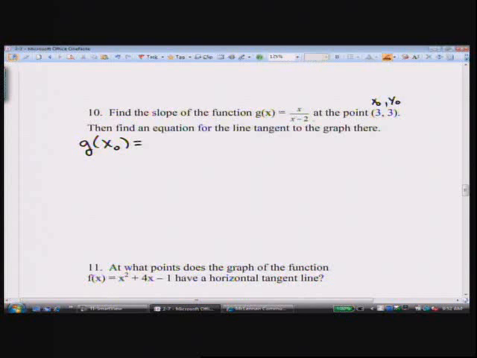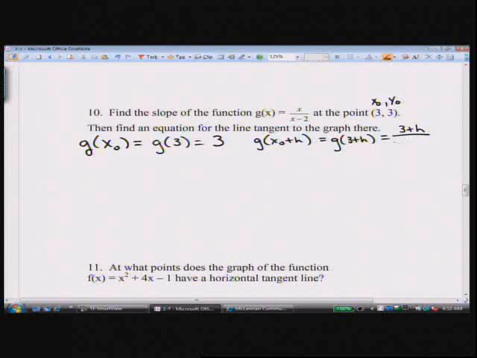If you put 3 in here, you do in fact get 3. So g of x naught means g of 3, which is exactly 3. g of x naught plus h is g of 3 plus h, which in this case will be 3 plus h over 3 plus h minus 2, or 3 plus h over 1 plus h.